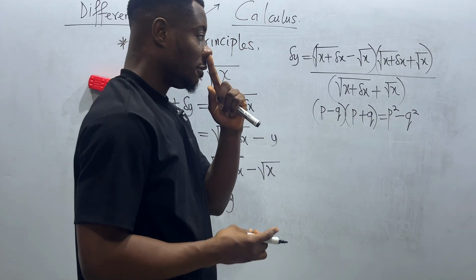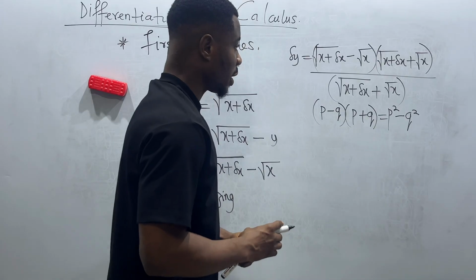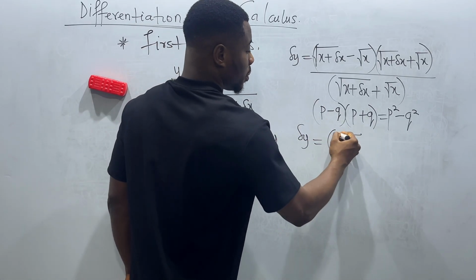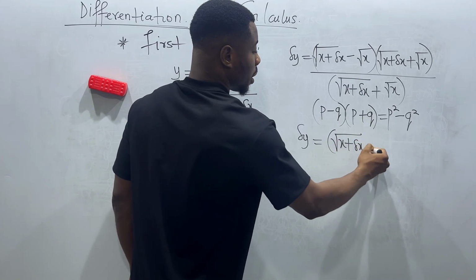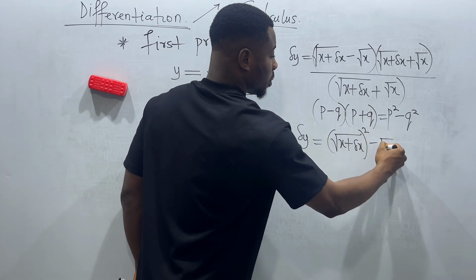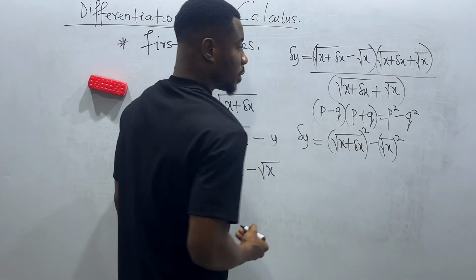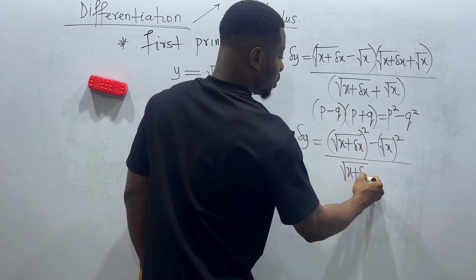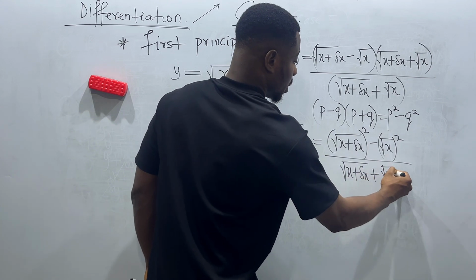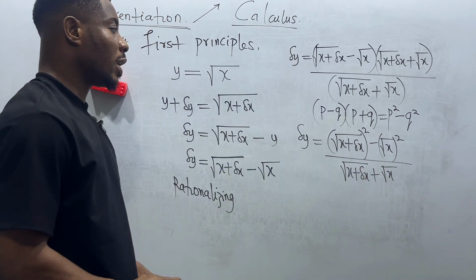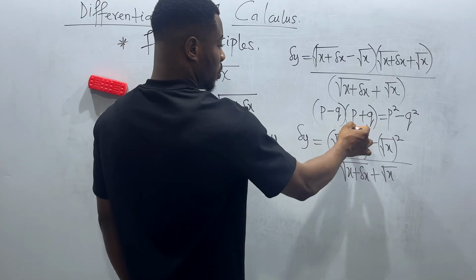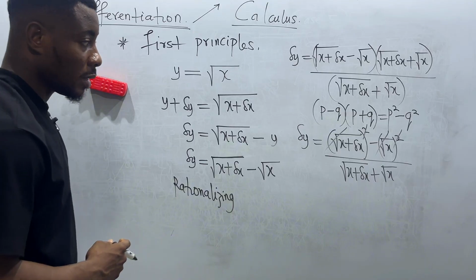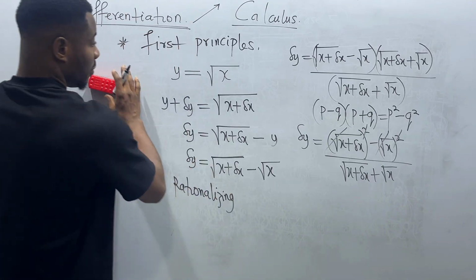Okay, so at the numerator, at the top, this becomes square root of x plus change in x squared minus square root of x squared, divided by square root of x plus change in x plus square root of x. Now, since what we have here is a surd, if I square a surd, the square root can cancel out. So what I have left is easy.